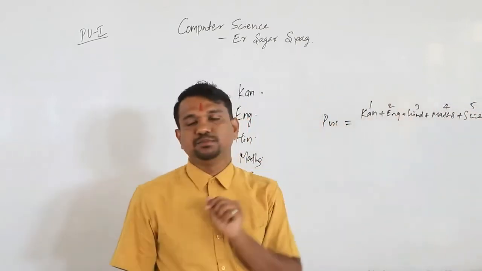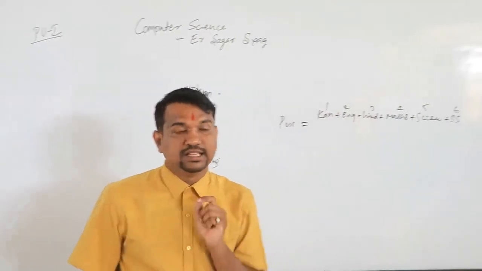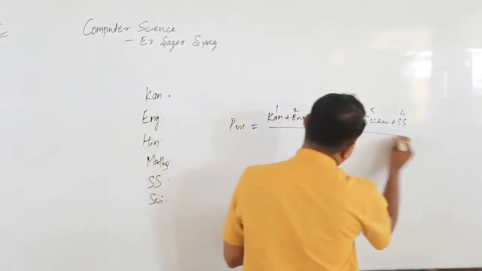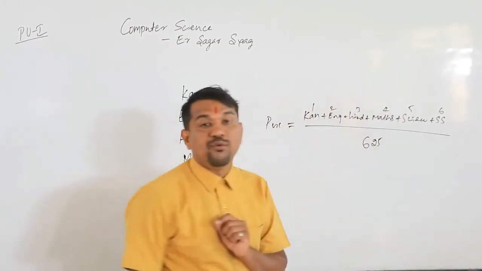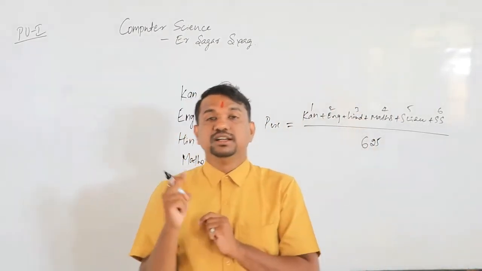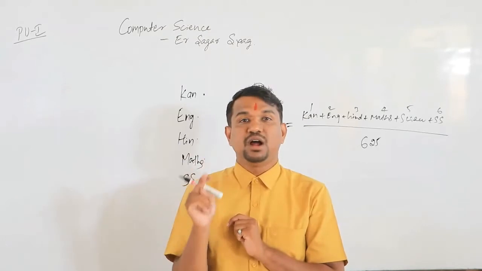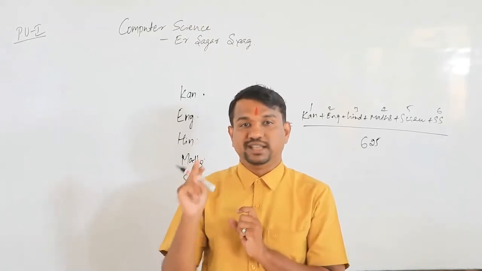All 6 subjects added together and divided by 625. Why 625? That is the total number of marks allotted for 6 subjects.